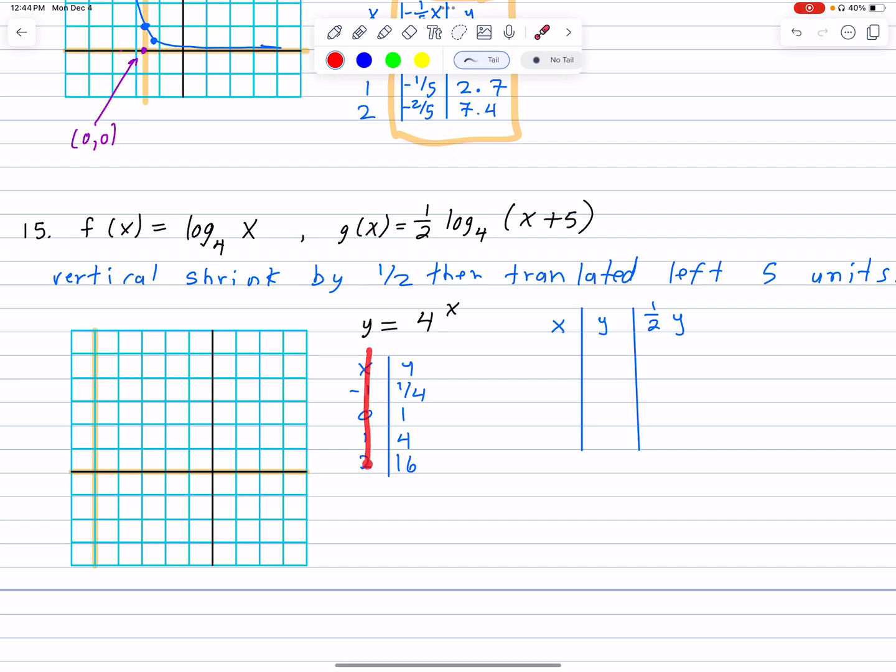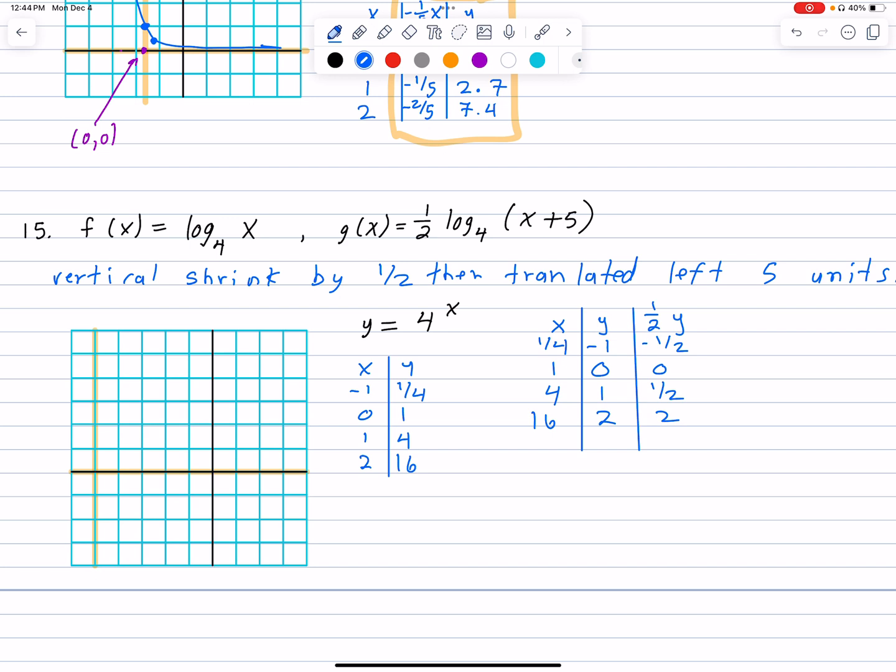So this is going to go here, and this is going to go here. So in other words, it's going to go 1/4, 1, 4, 16, -1, 0, 1, 2. Now I'm going to take those y values and multiply them by 1/2. So -1/2, 0, 1/2, 2. Okay?